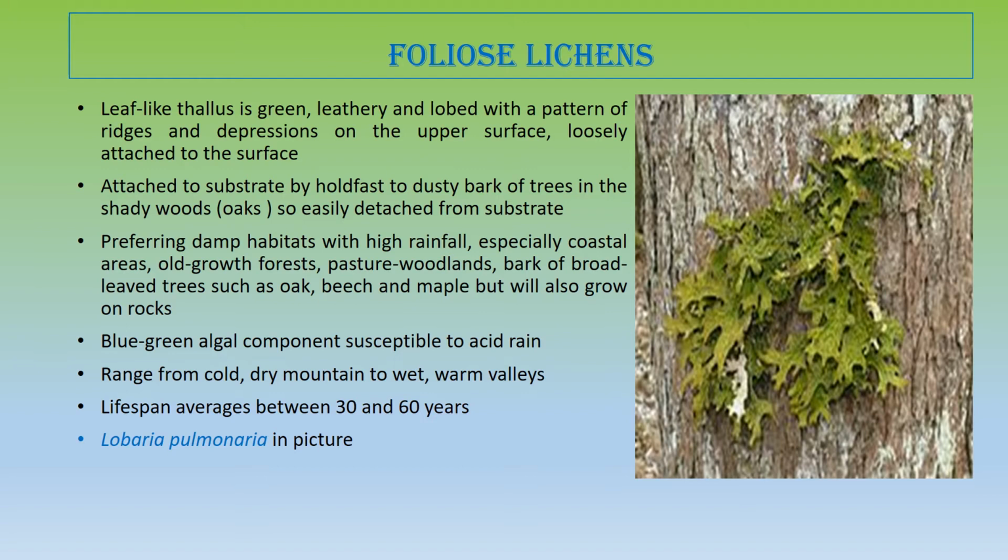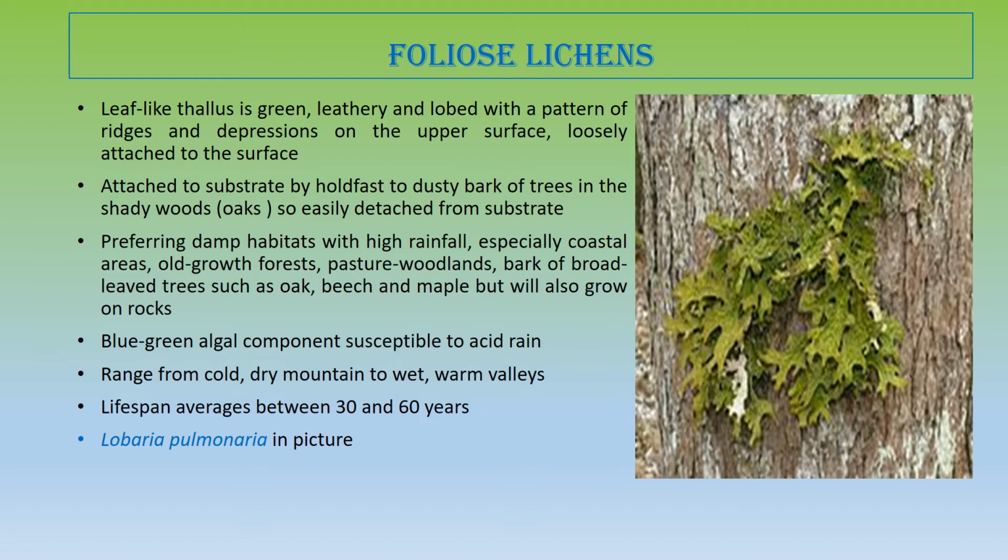This foliose lichen actually prefers a very damp site or a site which has a high degree of rainfall, or at least if not direct rainfall, it gets moisture from mist or snow. This foliose lichen has blue-green algae as the photosynthetic partner.